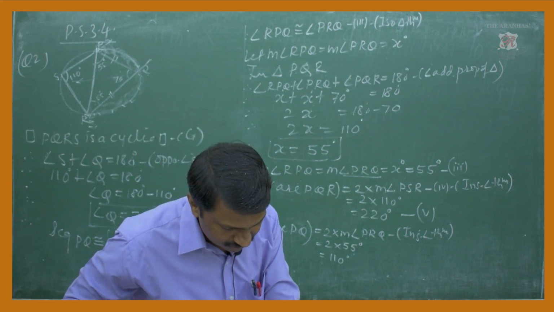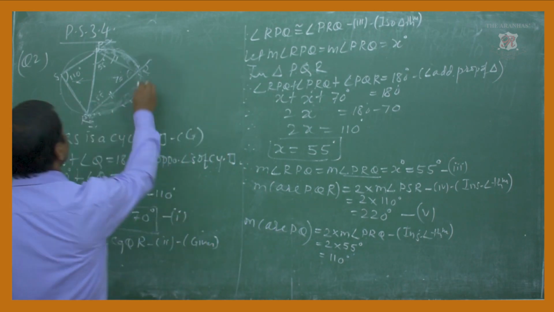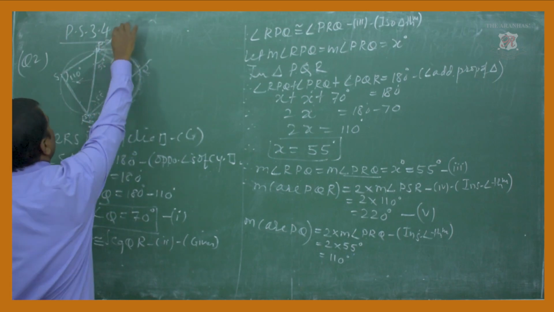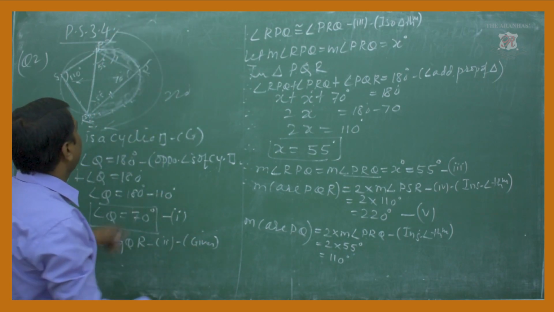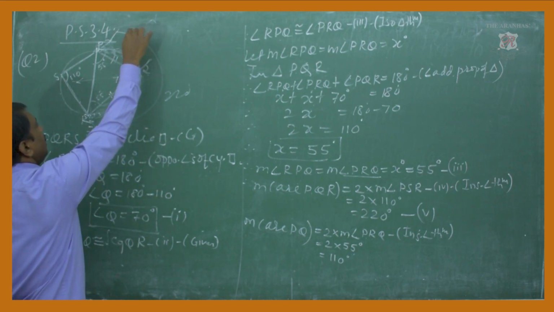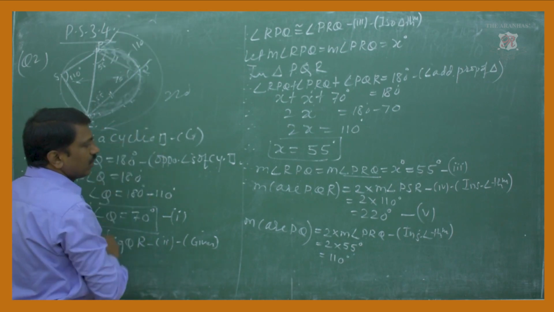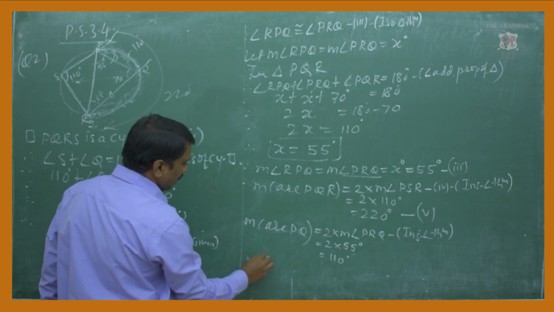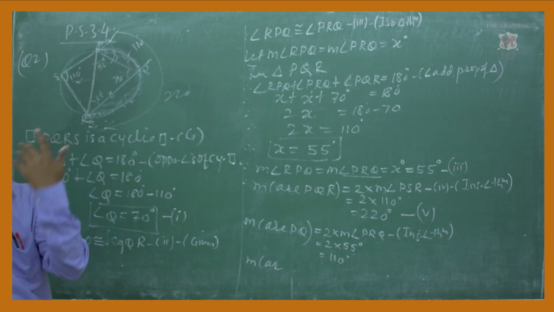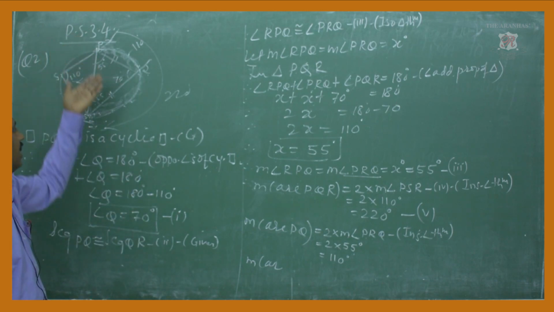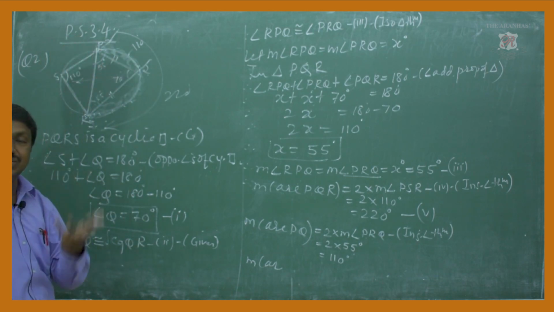Then later we have to find the measure of arc QR also. Simple thing, the total arc is 220 and this is 110. So obviously, for the next one, measure of arc QR, there are lots of options for you. You can use the inscribed angle, or you can use the arc addition property.